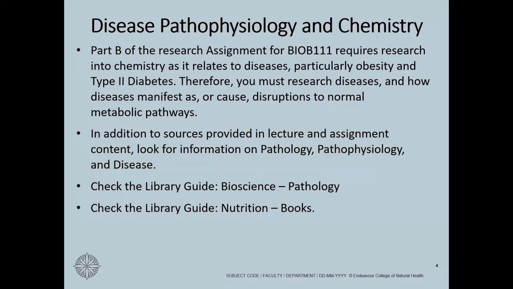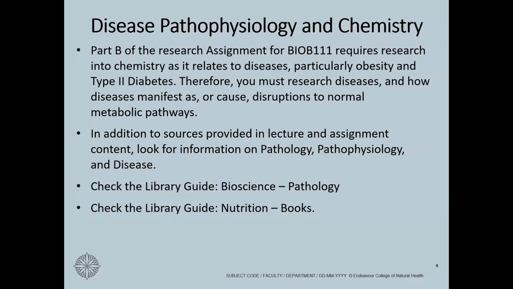So the main diseases you'll be looking at are type 2 diabetes and obesity. So the next part of this session is showing you how to find information on those diseases, both general overviews of information on the diseases, but also primary sources of information related to those diseases.